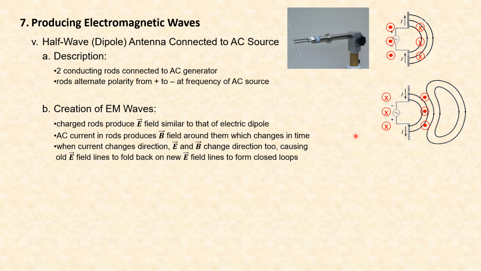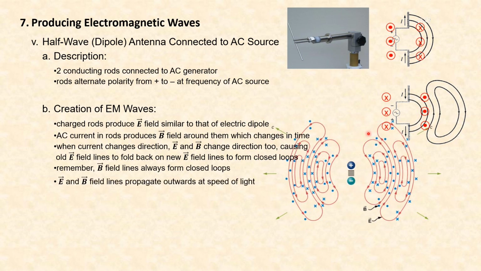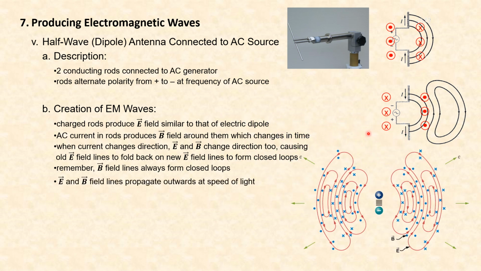As we said, these electric field lines fold back on themselves and form closed continuous loops, and we know that magnetic field lines always form closed loops. So hopefully you can see that the end result is that you get these electric and magnetic field lines which close on themselves and will propagate outwards at the speed of light.